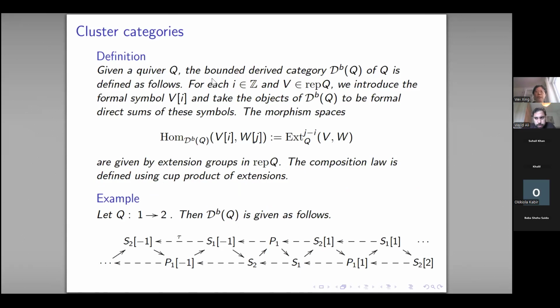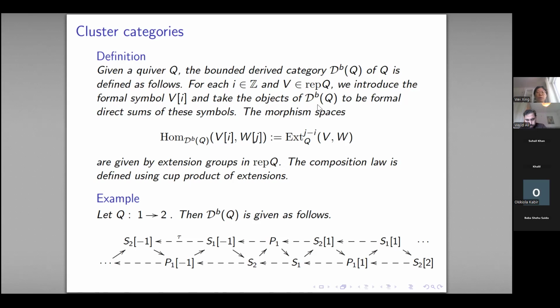But to construct the cluster category associated to the quiver, we need the notion of the bounded derived category of the quiver. So it's another category, and the objects are given by such formal symbols, V shifted by i, where i is an integer and V is a representation of the quiver.